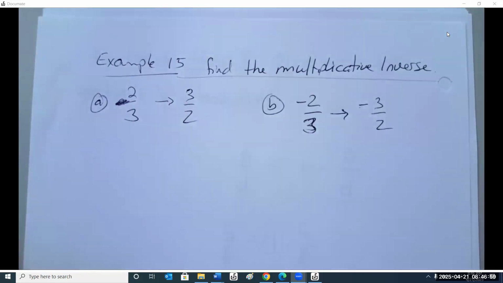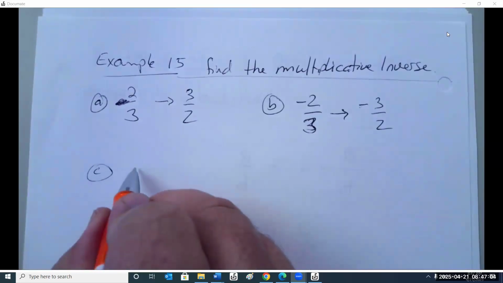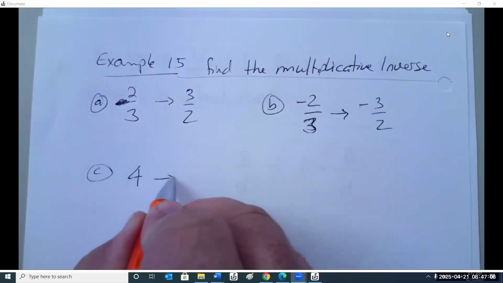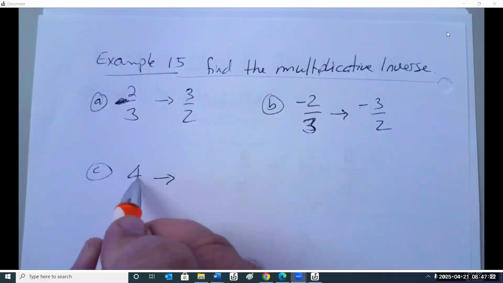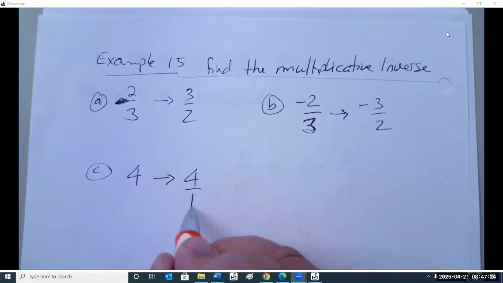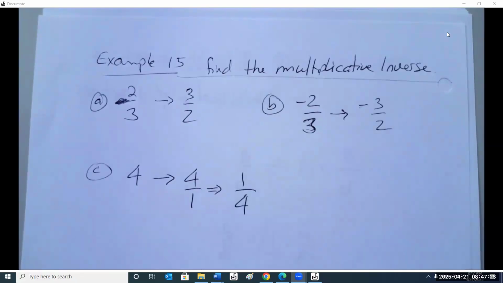Just flip it, yeah. Of 4, what's the multiplicative inverse? Yeah, but 4 is 4/1, so its inverse is 1/4.